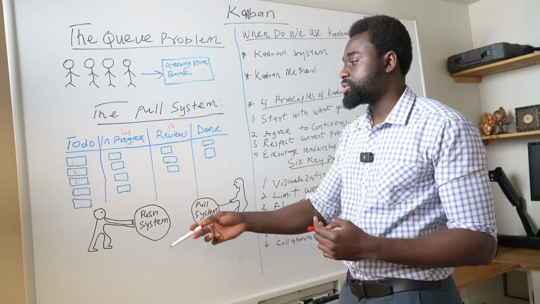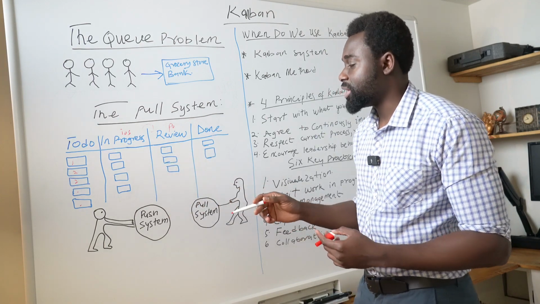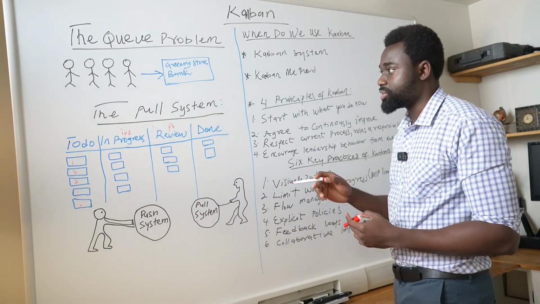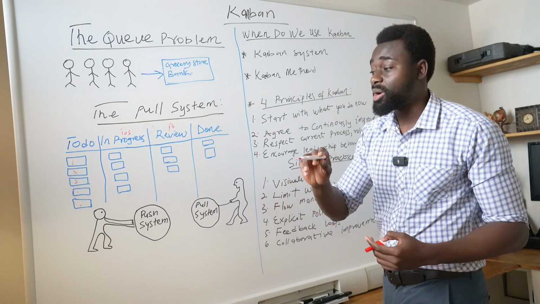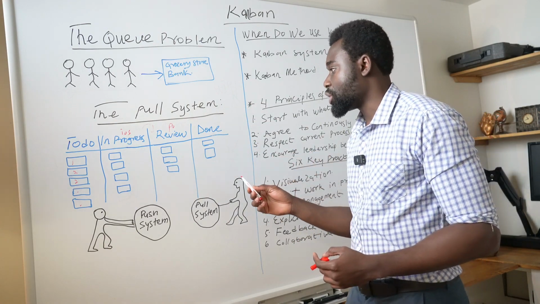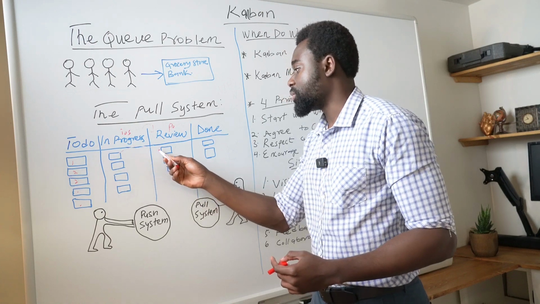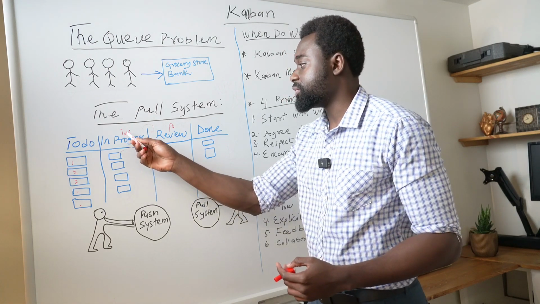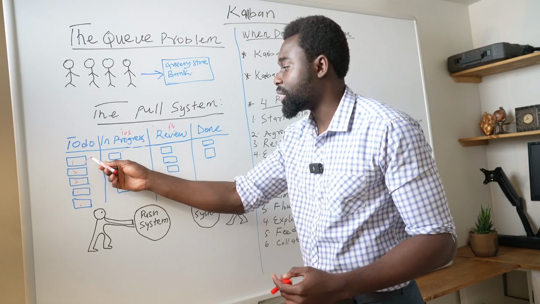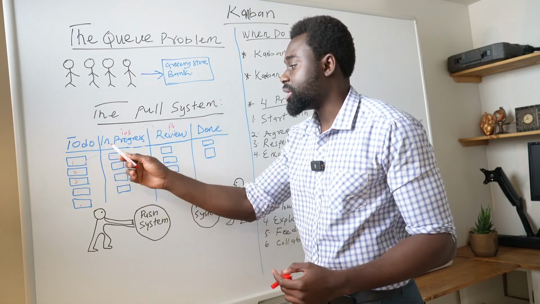But in order for us to prioritize this, that's when we have to make sure we use the pull system. So Kanban is all about a pull system, making sure the PO is pulling work from in progress to be worked on, and also the iOS developer here is pulling work items based on the prioritization.